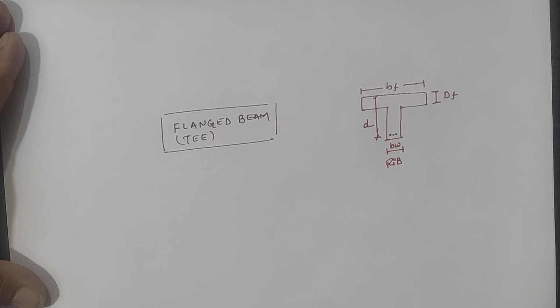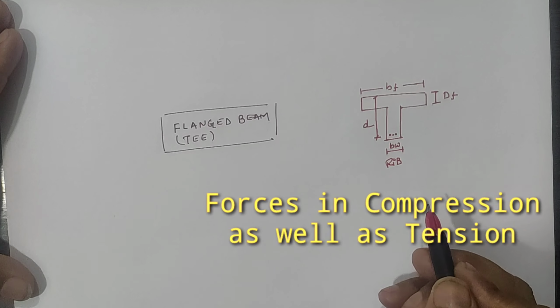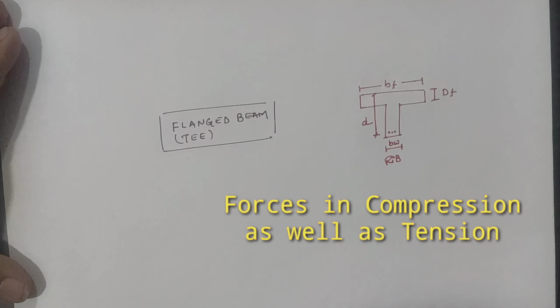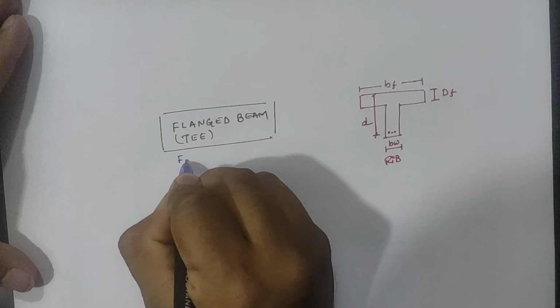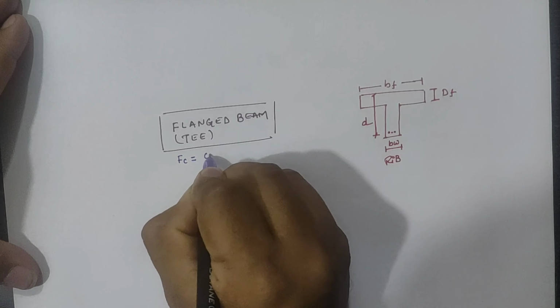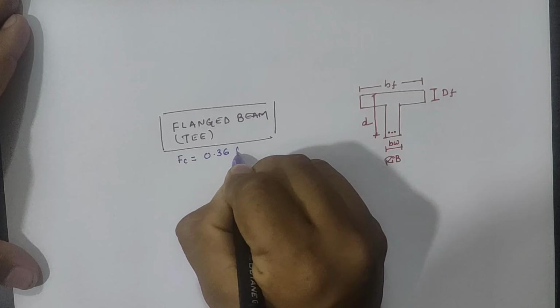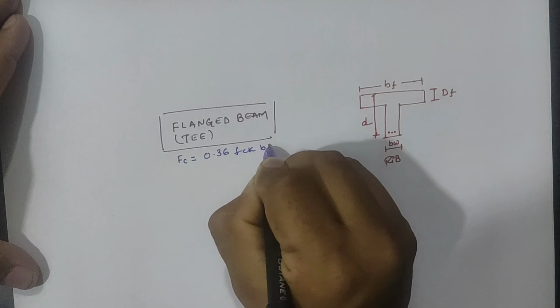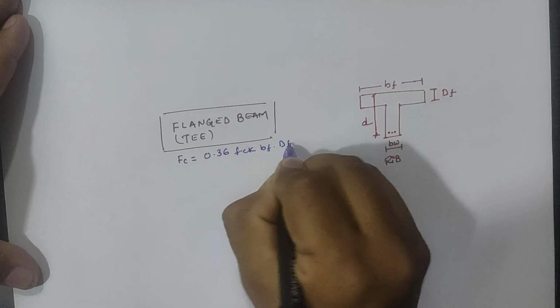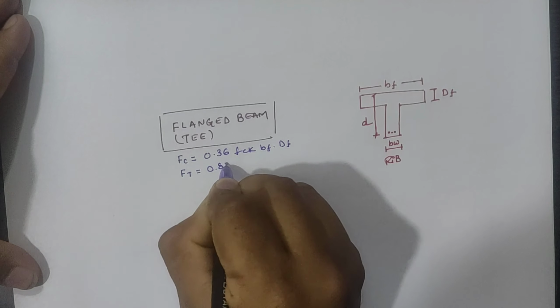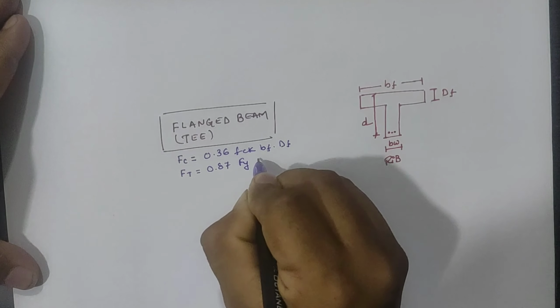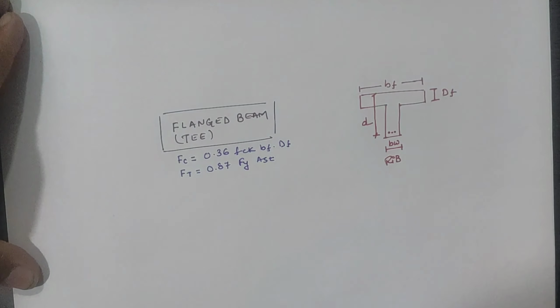First of all, for the analysis of the flange beam, we require the compressive value of the force and the tensile value of the force. They can be calculated by the equation Fc equals 0.36 FCK BF into DF, and Ft can be calculated by 0.87 Fy into AST.